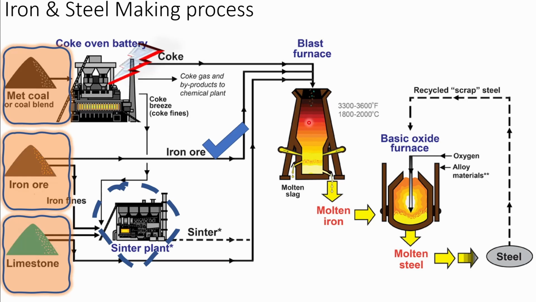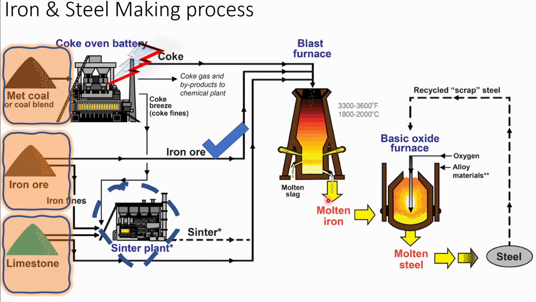The iron ore becomes iron and starts as droplets and starts collecting in the bottom of the blast furnace. And the bottom of the blast furnace will have two options, one to tap the molten iron and one to tap the molten slag.